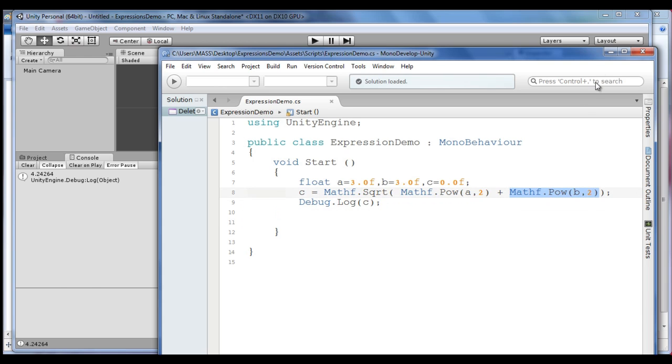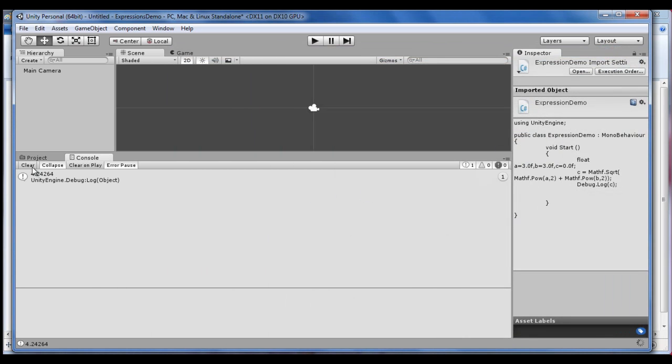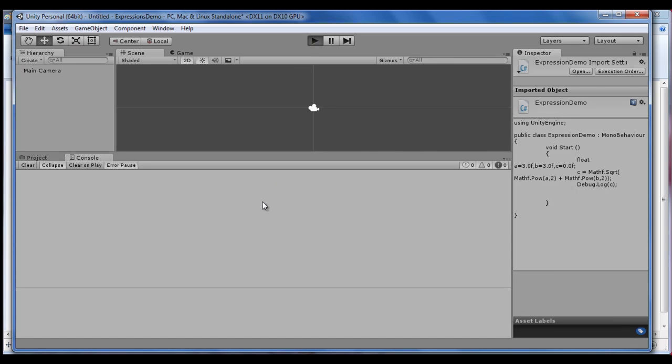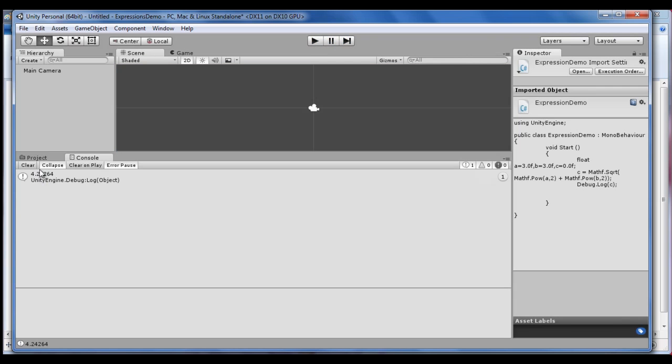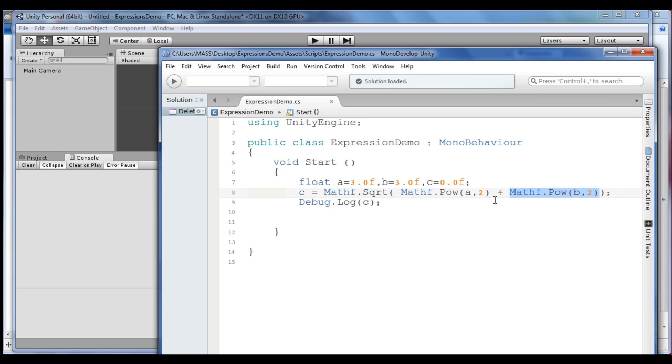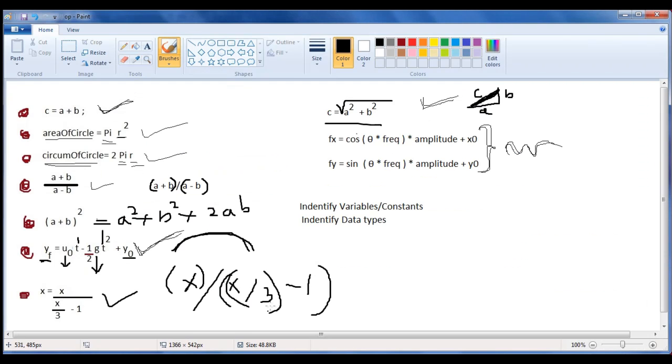Let us save and come back, clear this and run the code. You can see that the result is 4.24264. That's correct. I want you to check the mathematics part manually.